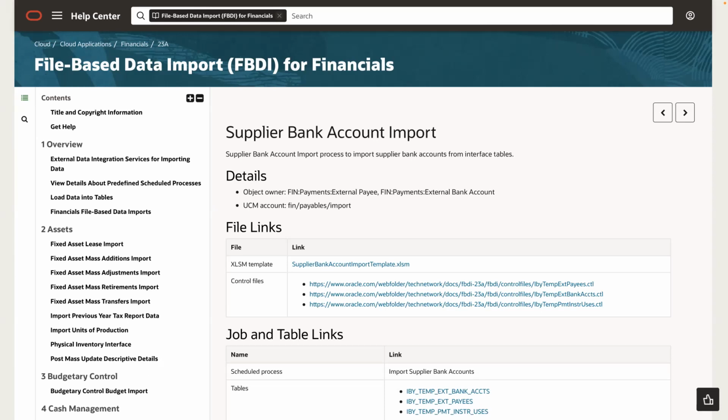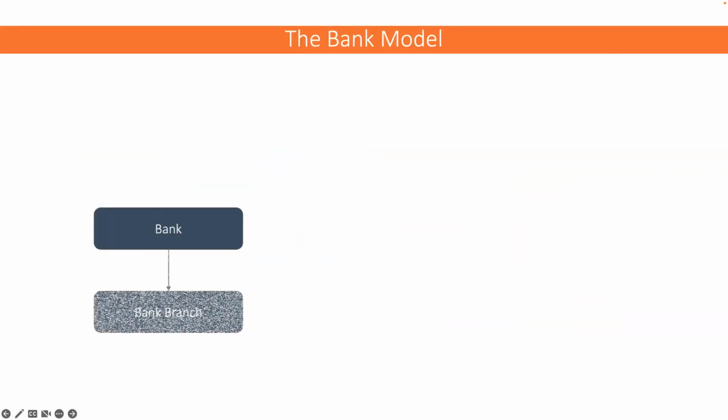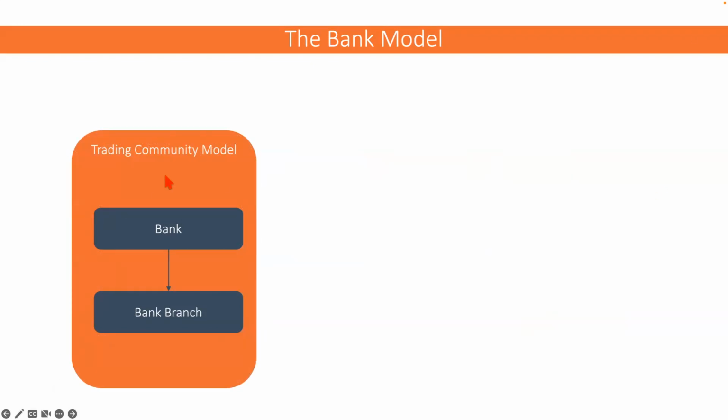No, because the bank is shared, the bank branches are shared. If you remember yesterday, or maybe even last week, I think it was yesterday that I showed you this slide of the bank model. So bank and bank branches are shared.